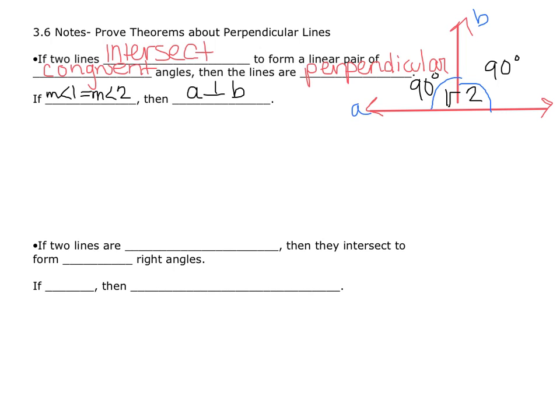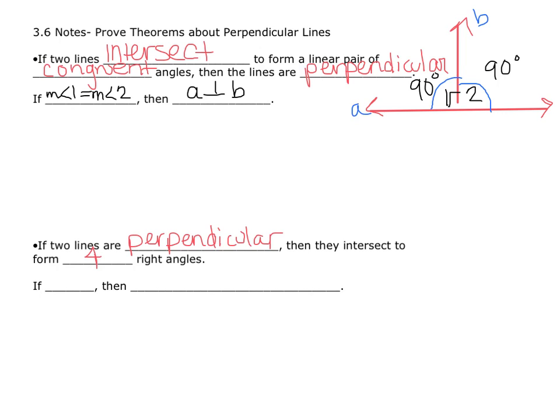All right, so the second scenario you have is if two lines are perpendicular, then they're going to intersect to form four right angles. We've briefly talked about this.